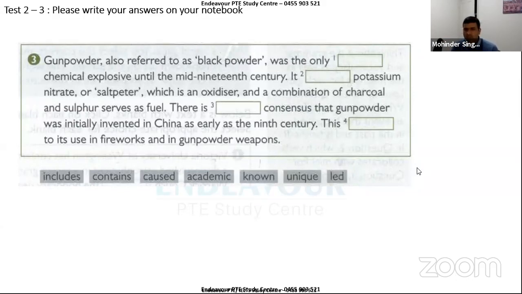Why would you say "only" and then say "unique" as well? Unique is itself unique, meaning nothing else is like that. So if there is nothing like that, why say "only" and then "unique"? Doesn't it sound a little bit weird? So "only known" is a common one. "Known as" is also a phrase, and yes, we also use that, but not here, because "referred to as" has already been used here.